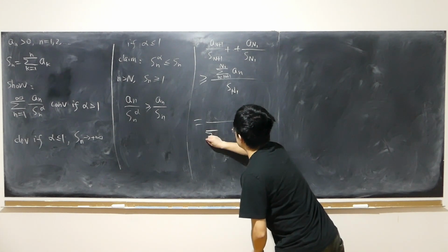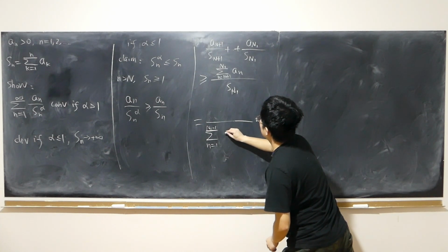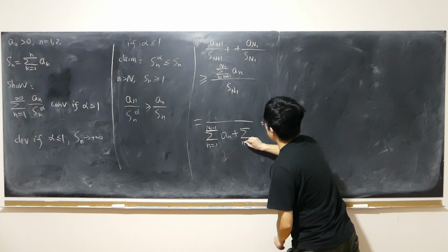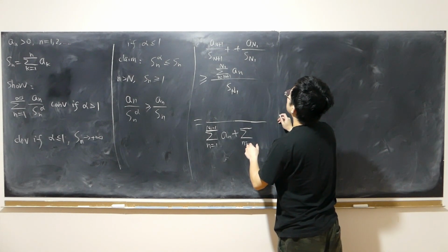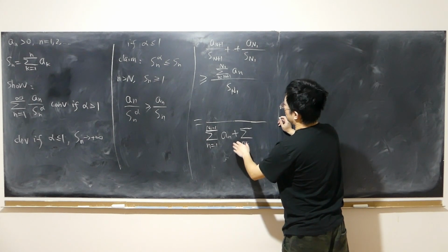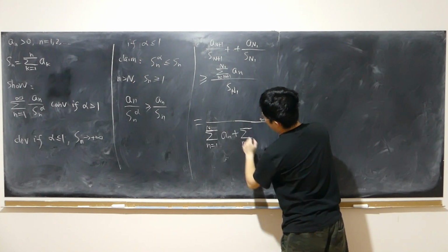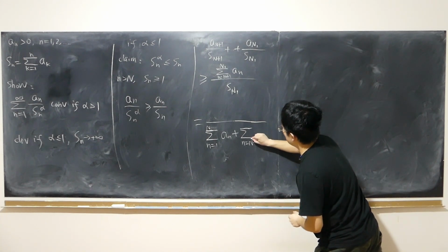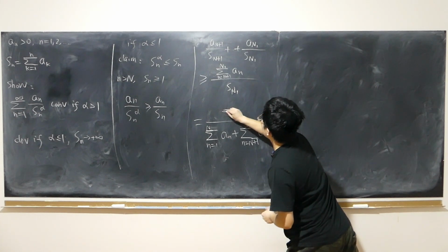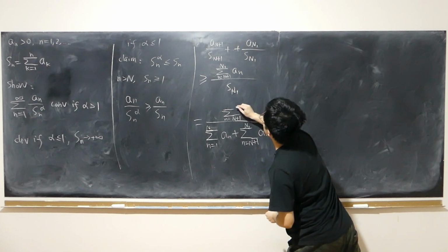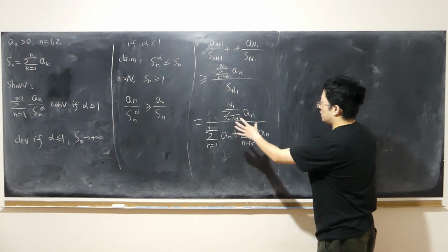The first part is n from 1 up to capital N, then I start from capital N plus 1 until capital N1, the sum of an. So the overall thinking is very clear, it's just that the notation is a little bit messy.